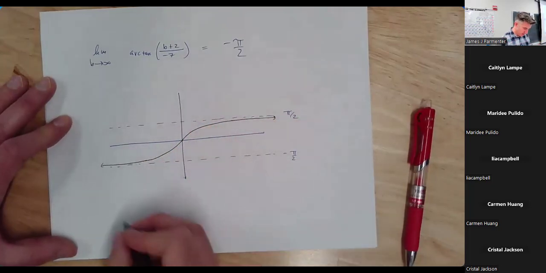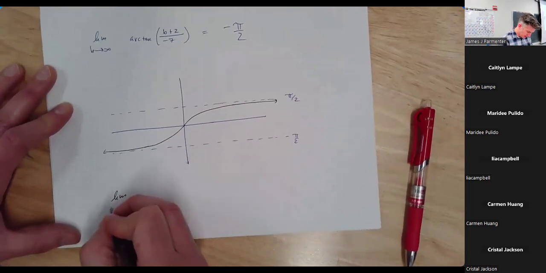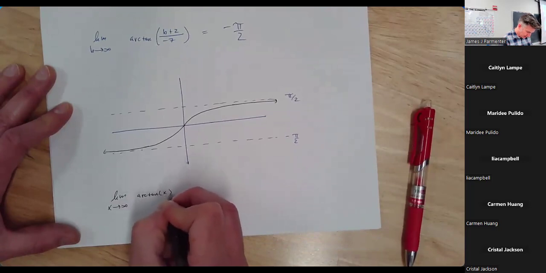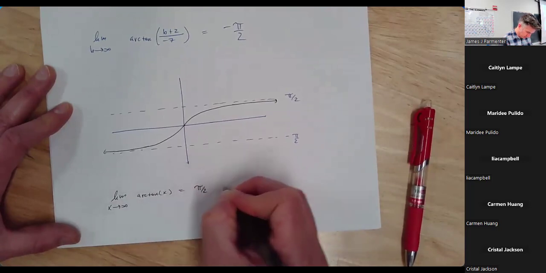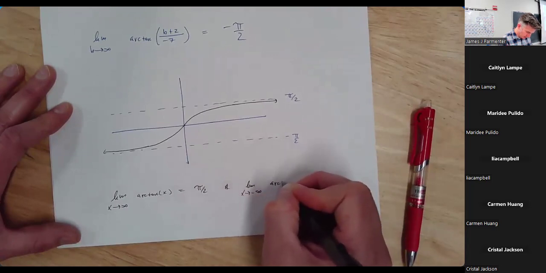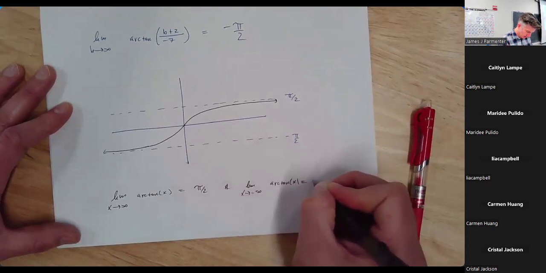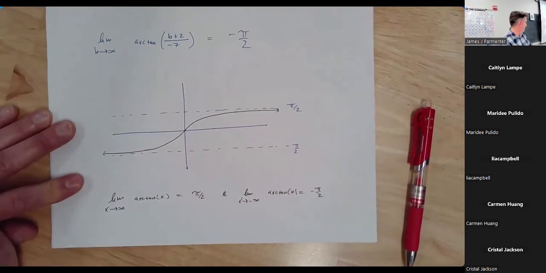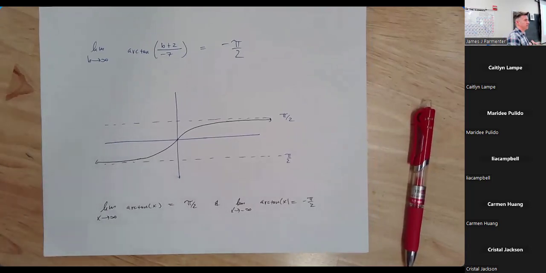So that really we can see, oh yes, the limit as x goes to infinity of the arctangent of x is positive pi over 2, and the limit as x goes to negative infinity of the arctangent of x is negative pi over 2. That's really the easiest way of knowing what that limit is. That's how I know it. I'm not doing anything special other than thinking about, oh yeah, the graph looks like this.